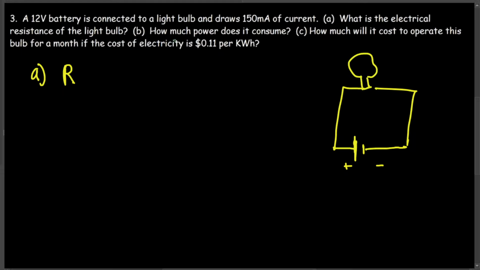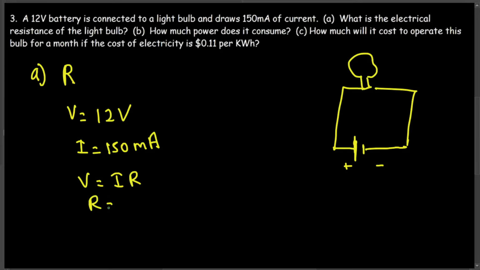What are the things that are provided? We have voltage provided, that is 12 volts, and we have the current provided, that is 150 milliampere. Now what is the equation that is connected with voltage, current and resistance? That is Ohm's law, V is equal to IR. Since we are interested in R, we have to rearrange this equation.